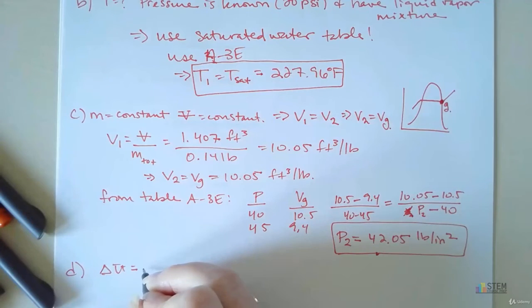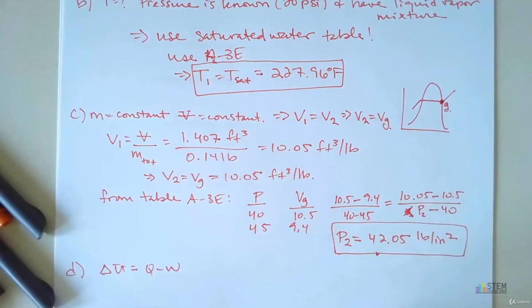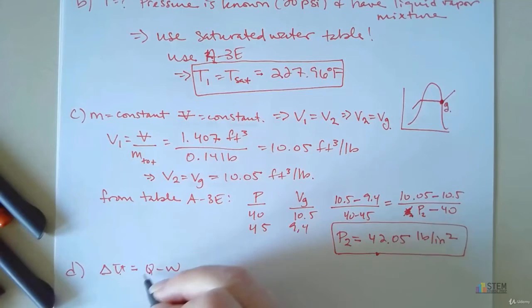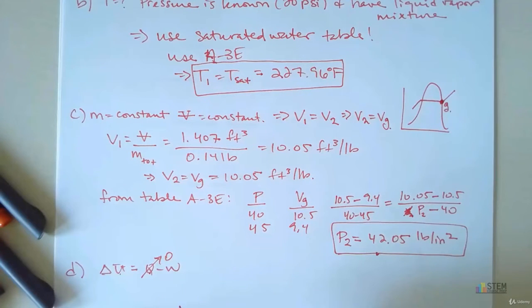All right, so we got delta U equals Q minus W. We know here that Q is going to be 0, right? Because we said we had an insulated tank. So the insulated tank means we're going to ignore any sort of energy transfer by heat.